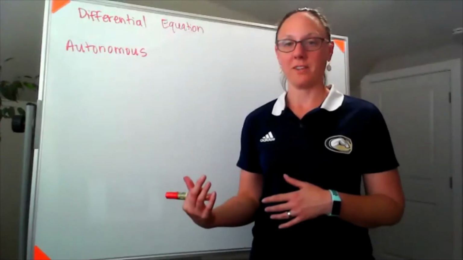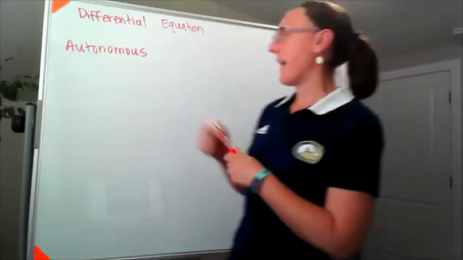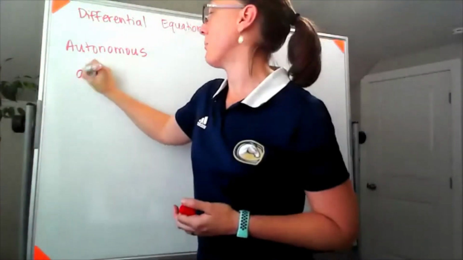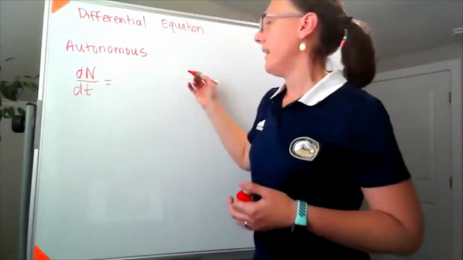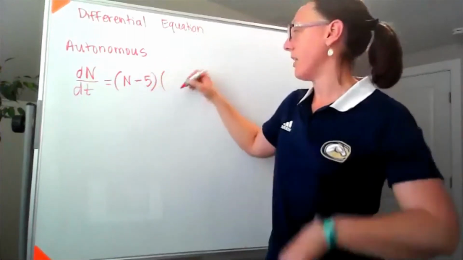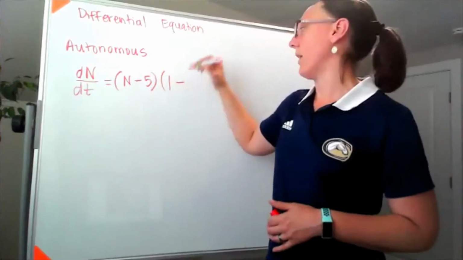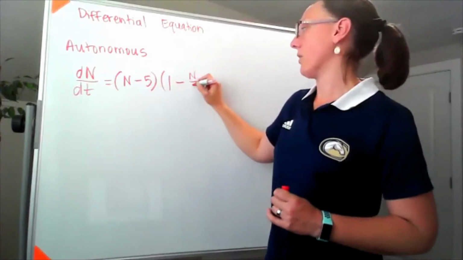Then we can solve it by separating and integrating the result, but we can also talk about the nature of solutions to an autonomous equation without actually doing any integration at all. So if I had an autonomous equation, maybe something like dN/dt equals (N minus 5) times (1 minus N over 10).